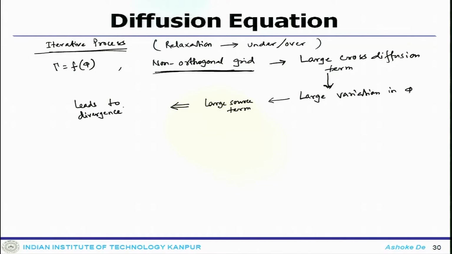So, that means the code can be unstable and it can diverge. This is essentially related to your linear solver, where it can diverge. And why does that happen? Primarily because of all this.